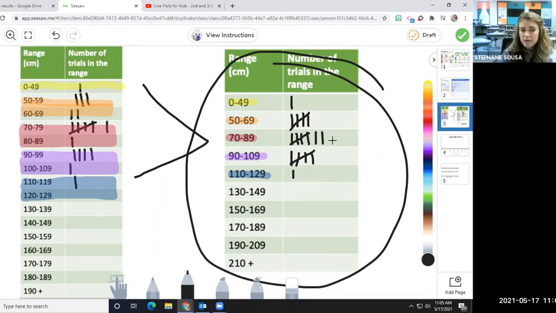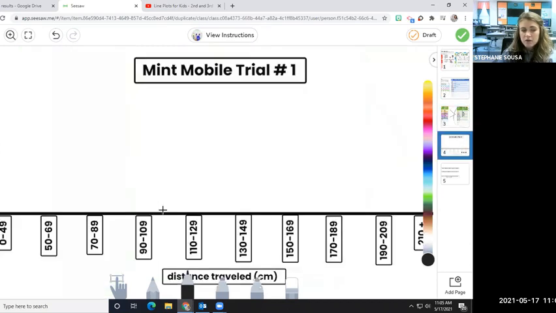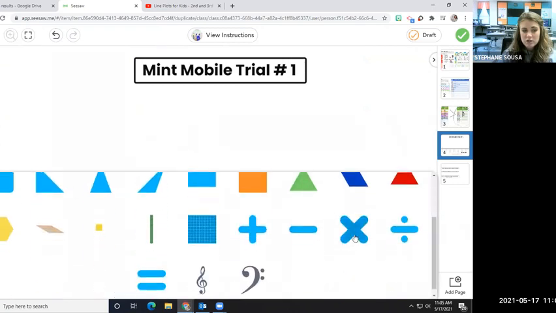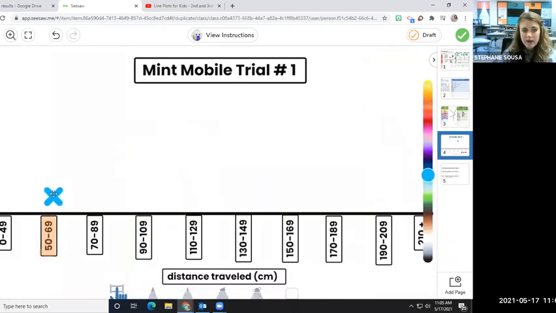Okay, I see that there are 5 tallies. 1, 2, 3, 4, 5. So on the 50 to 69 range, and that was my orange range, if that color coding helps you, I need 5 votes. So I'm actually going to grab an X here so that I can just duplicate it instead of drawing it a bunch of times, right?